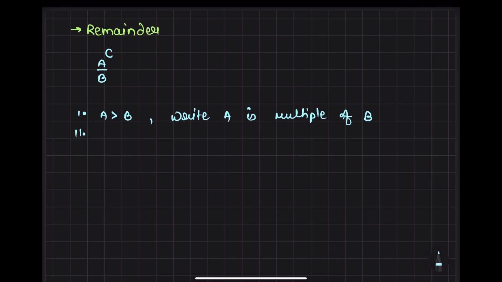Now in situation number 2, a will be smaller than b. This time the denominator will be bigger.